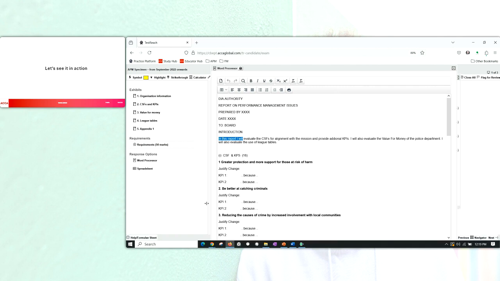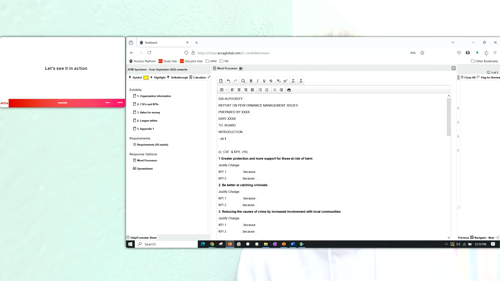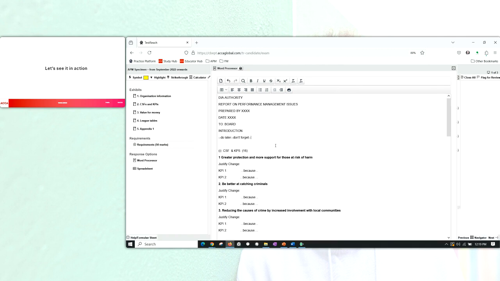Now, guys, I have the introduction here written out. But what I would do in the real exam situation, I would just put do it later. Don't forget. I'd make a little note to myself because the introduction will flow off of my fingertips after I've written the answer. If I try to do it first, it takes more time. All right, so I'm getting professional marks here by setting up my answer.